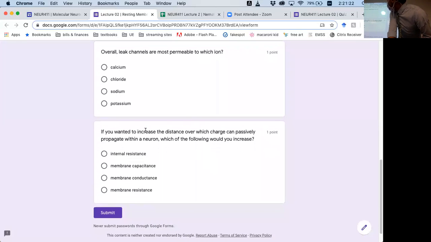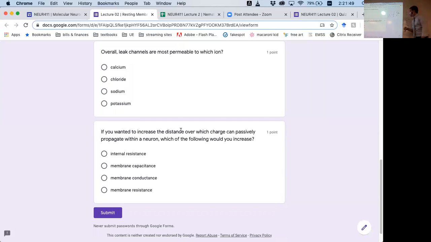Okay, so this is all about the space constant. We want to increase the distance over which charge can passively propagate, and that is defined as lambda, which is the ratio of what to what? What's on the top? Rm. What does this M mean? What does the R mean? Excellent. What's on the bottom?